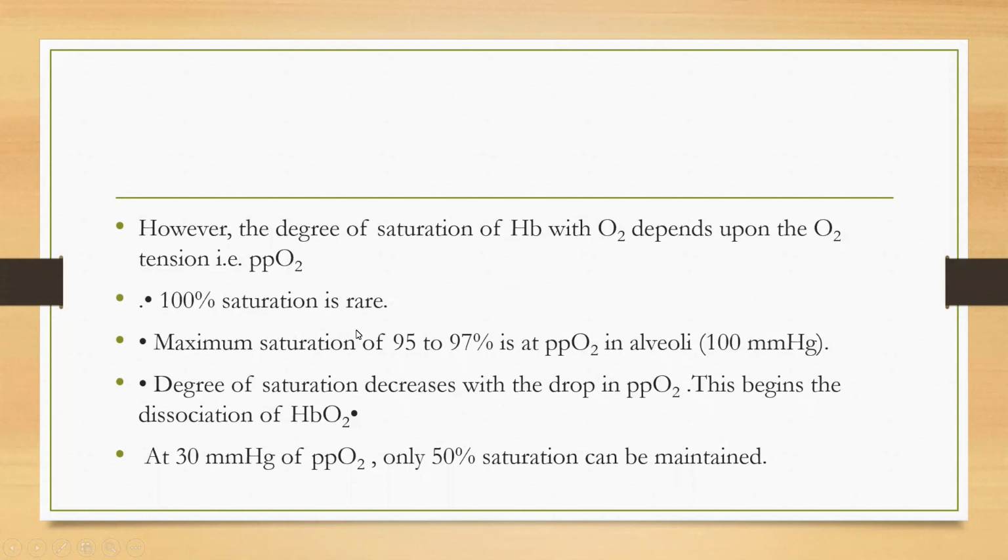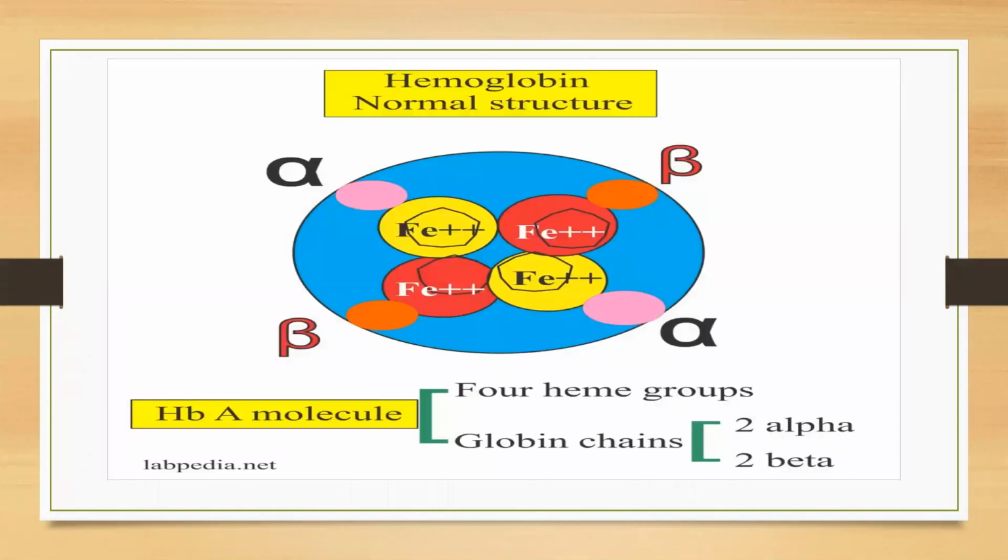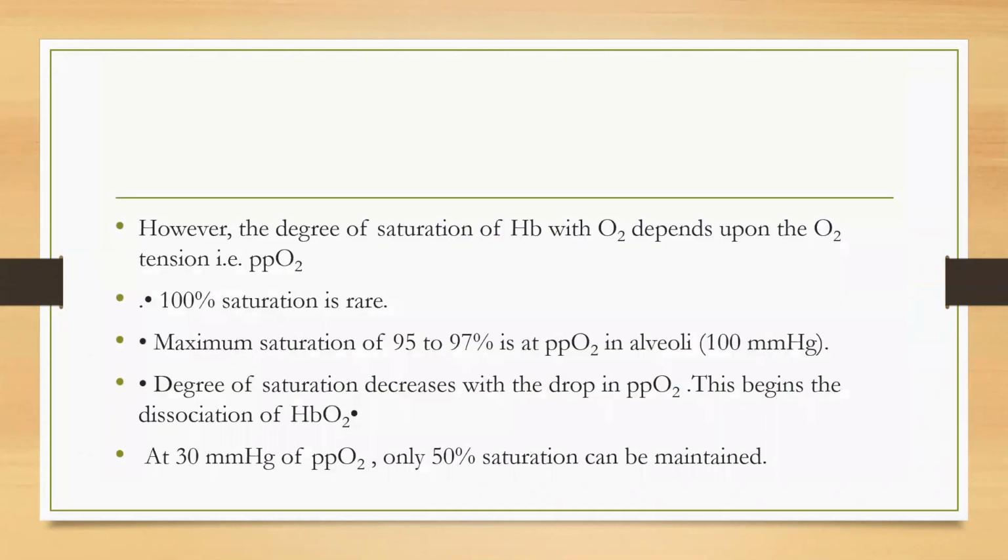As I explained, when all the Fe ions combine with oxygen, it is called 100% saturation. But this is a rare case. It does not always happen that all the Fe combine with oxygen. It is very rare, and that is why it is said that 100% saturation is rare.